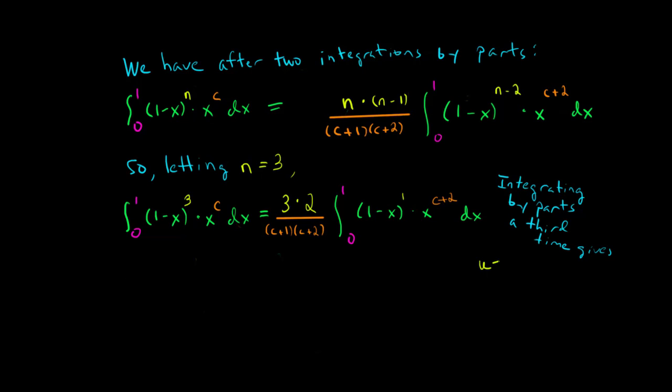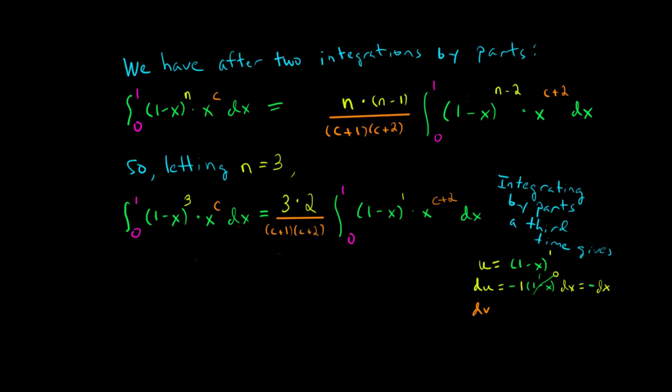So letting u equal 1 minus x to the 1st power, we'll then find that du equals negative 1 times 1 minus x to the 0 dx. In other words, du just equals negative dx.